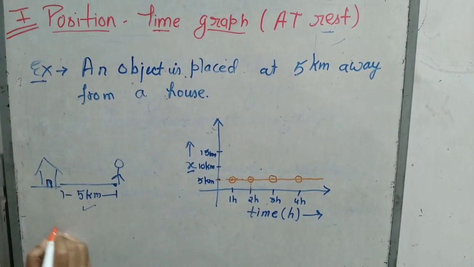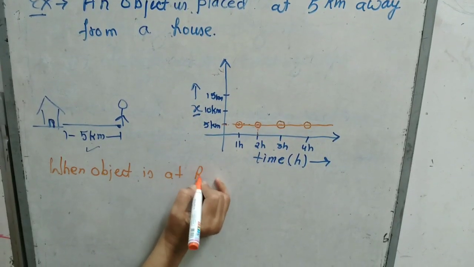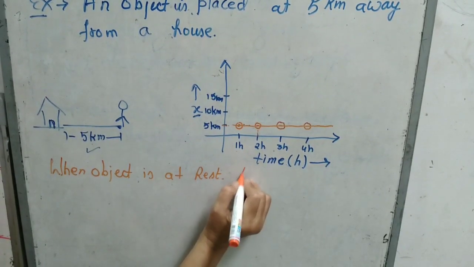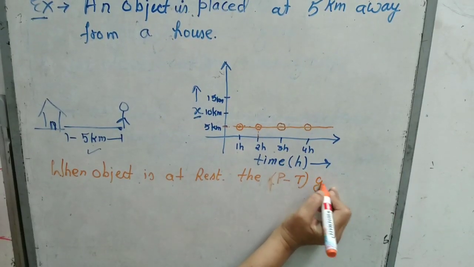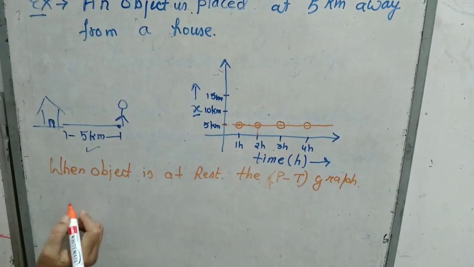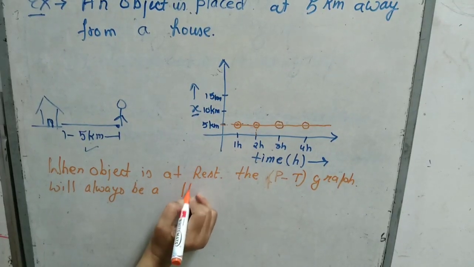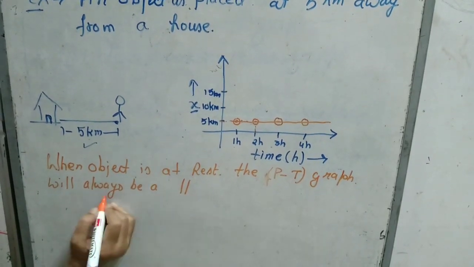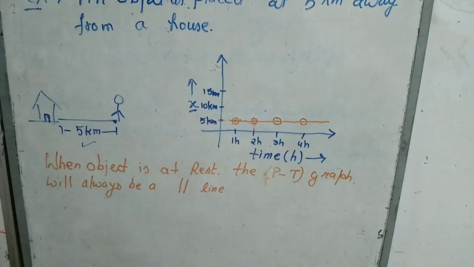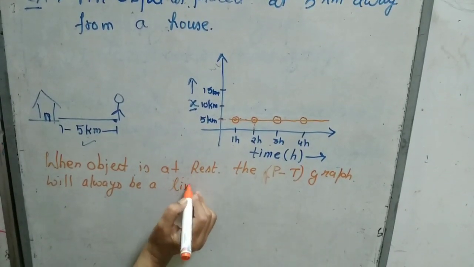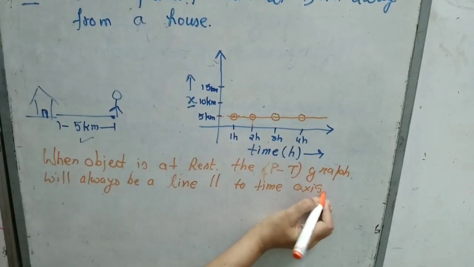We observe that when an object is at rest or stationary, the position time graph will always be a line parallel to the time axis. Am I correct?